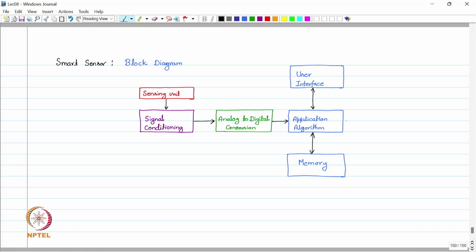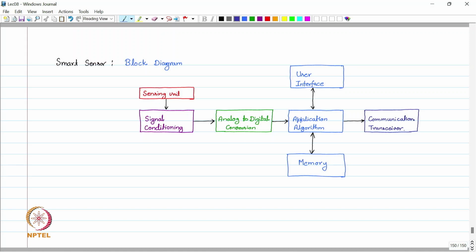Once this algorithm application is over, then the data is sent to communication or transceiver. So this is a typical block diagram of a smart sensor.